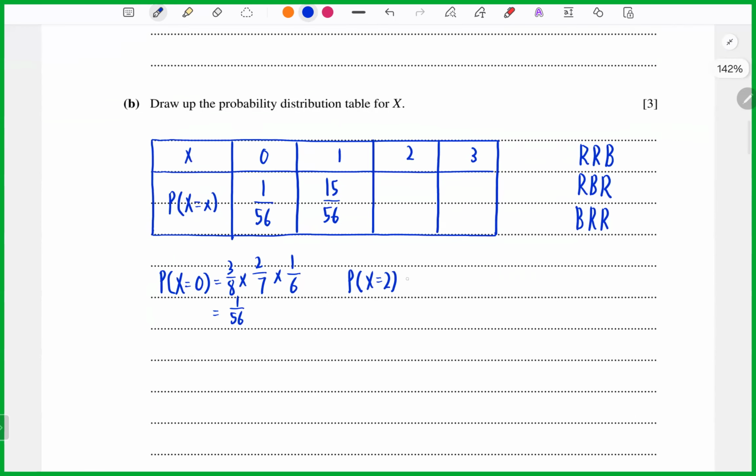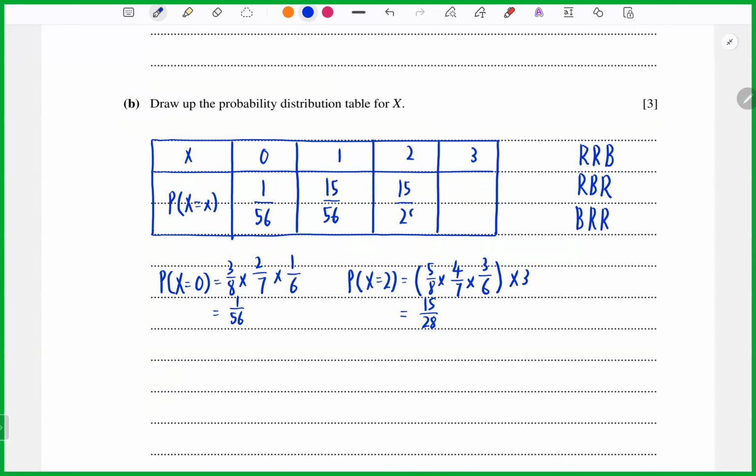So it equals 5 over 8 multiply 4 over 7 multiply the blue, which is 3 over 6, multiply 3 times. So you will get 15 over 28.